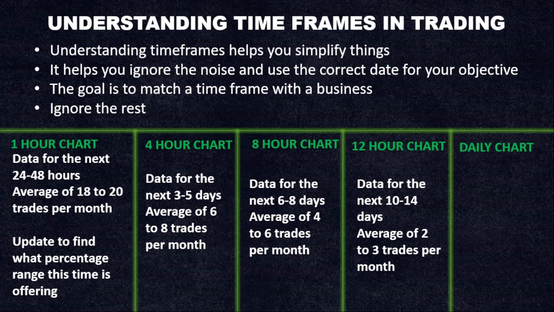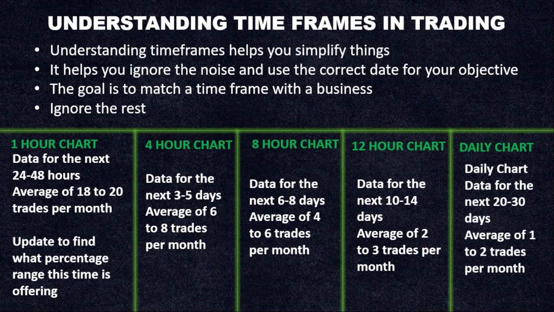And because you are doing this on the 12 hours time frame, don't look at the number of trades you take. Even if it is one trade you are taking, it's going to give you even more of what you should be expecting when you are taking 18 to 20 trades using the 1 hour time frame. And finally, the daily time frame gives you data for the next 20 to 30 days.